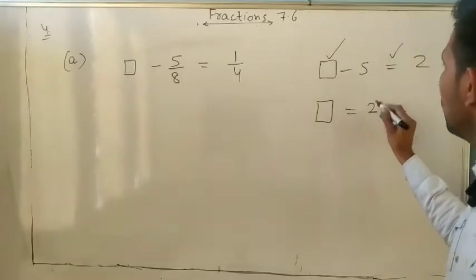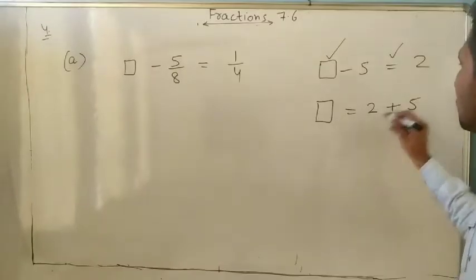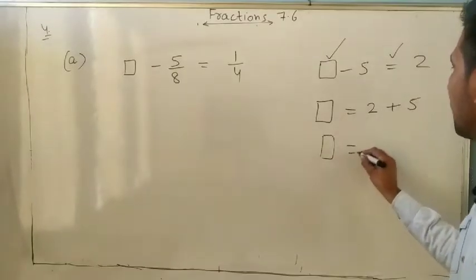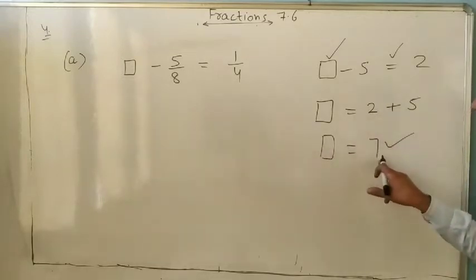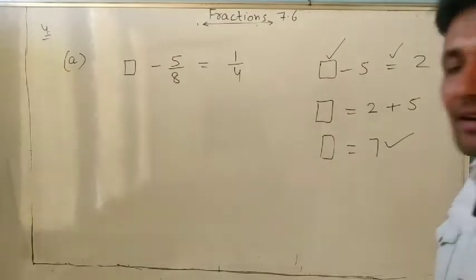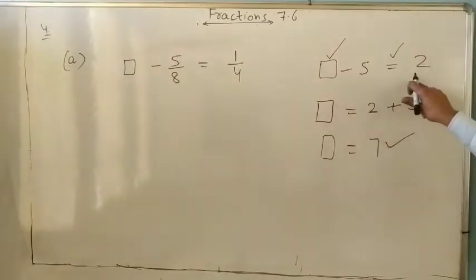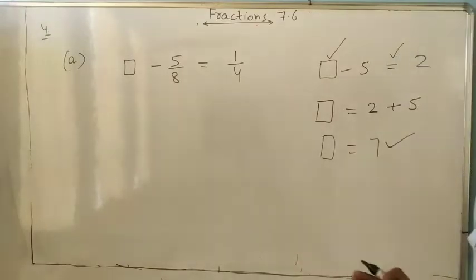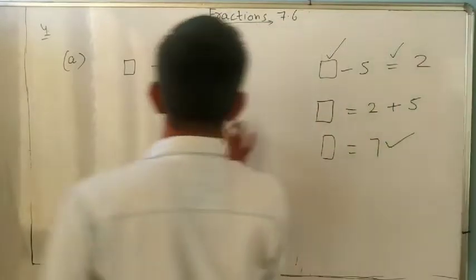So here 5 is negative, so it becomes positive. So the value of the box is 7. So 7 minus 5 is 2. Understand? Only one thing to remember: whenever we change the position, the sign is changed. Negative becomes positive, positive becomes negative.